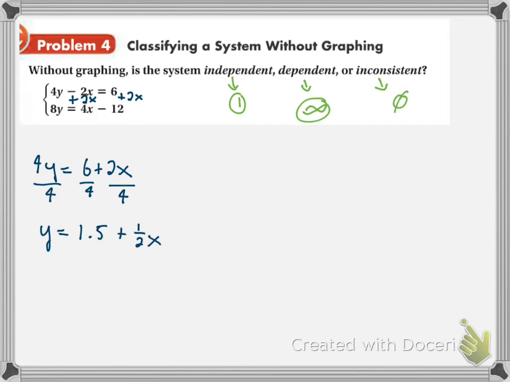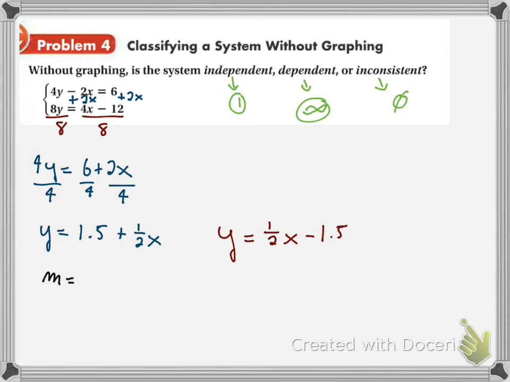For my other equation, all I really have to do is divide everything by 8. So I'm left here with y equals 1/2 x minus 12 over 8, which is 1.5. So here I can see that I have the same slope but different y-intercepts.